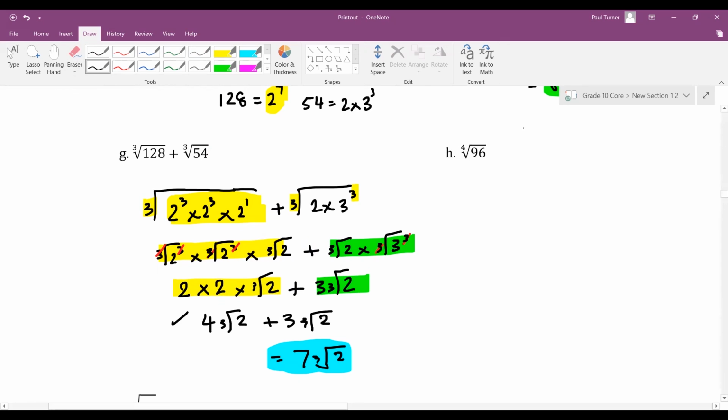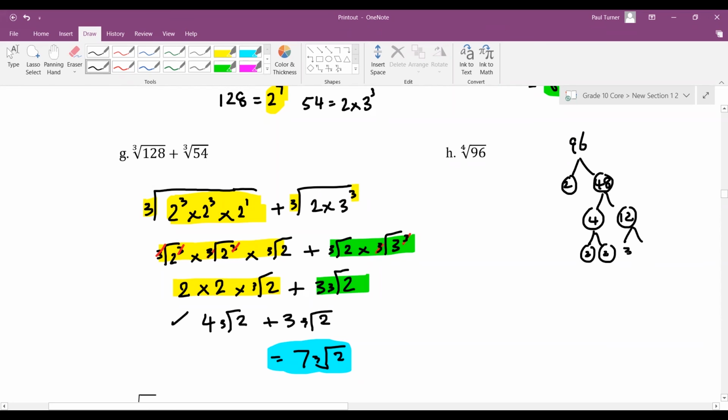So 96. Well, I got 3 times 2 times 2 power 4. Let's do it like, so that would be 2 times 48, isn't it? 2 times 48. The 48 is 4 times 12. 4 is 2 times 2. That one's finished.